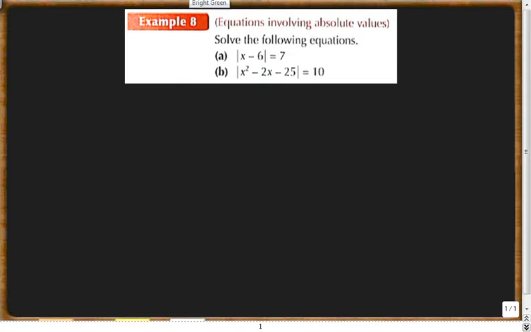Example 8 asks us to solve the following equations. So we have A: the absolute value of x minus 6 equals 7. The key with absolute value equations is this.